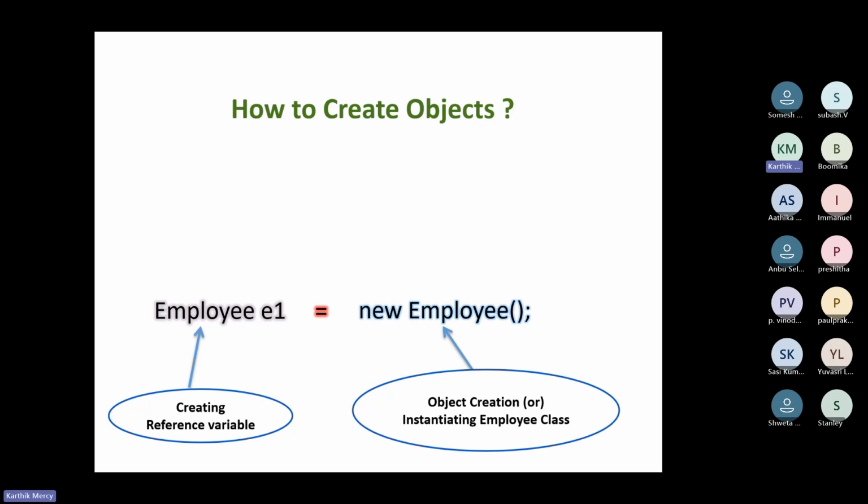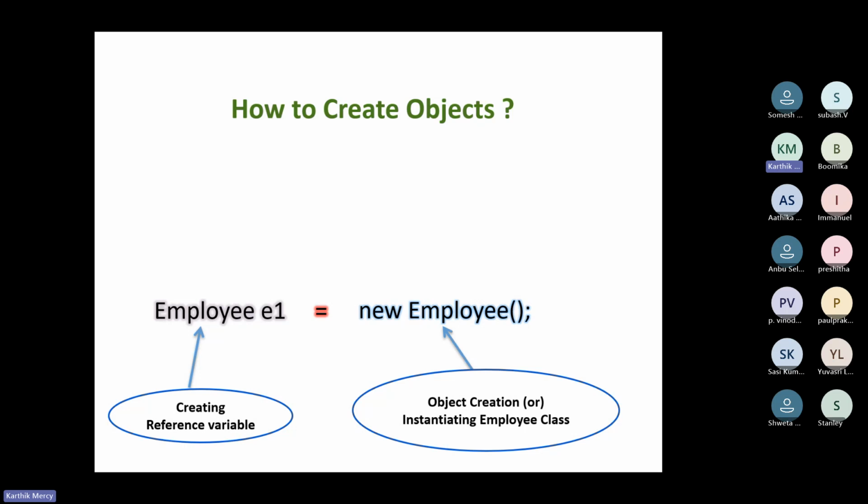We have an object that got created in the heap memory, but there are lakhs of objects. To actually have a hook to my object, I would require a reference variable that is called e1.